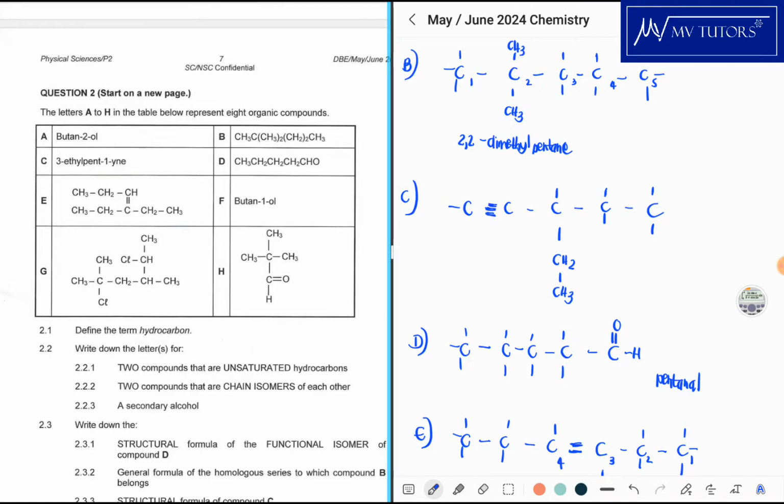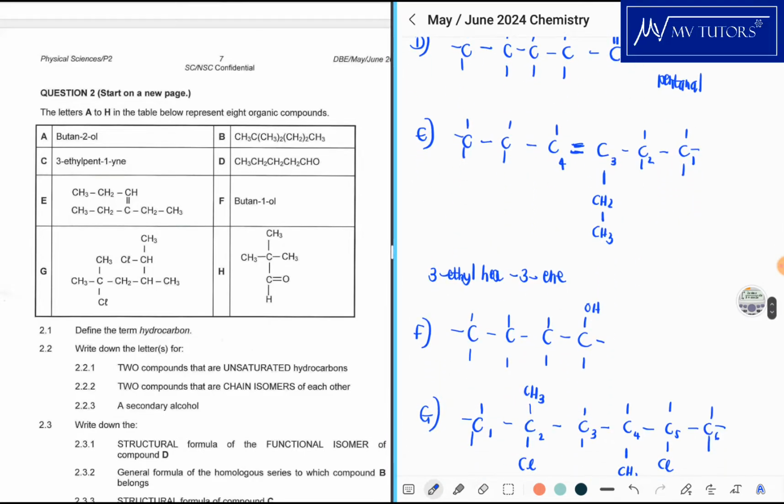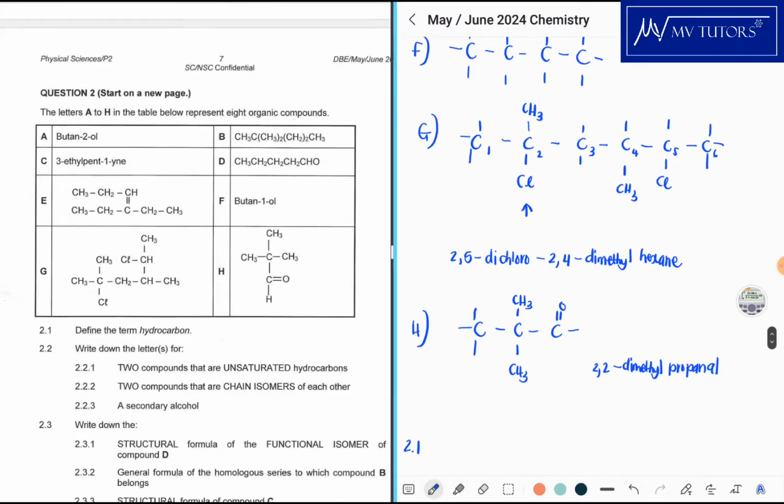I would have said this is a chain isomer because with a chain isomer, one is either branched and the other is a straight line. So B and C would have worked nicely, but because we have a triple bond, the molecular formulas are going to be different, and that defeats the whole purpose of it being an isomer. If I look at D, we have pentanal. There is no other aldehyde with 5 carbons. Nope.